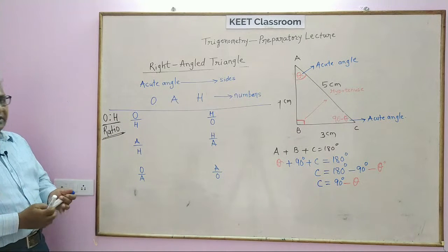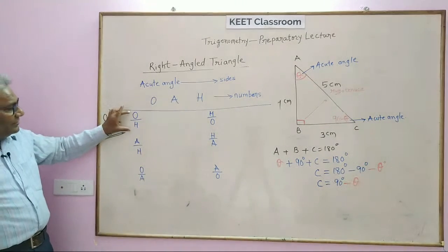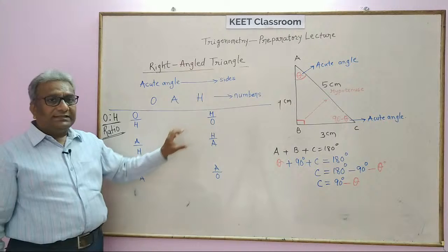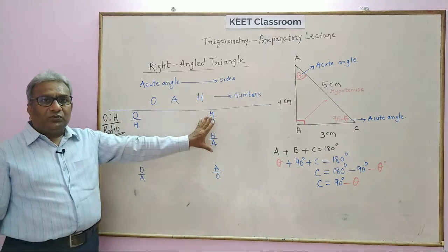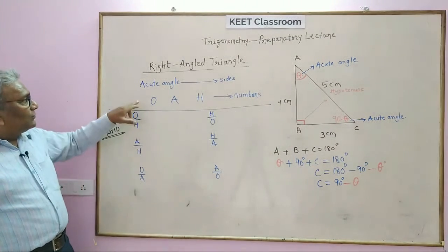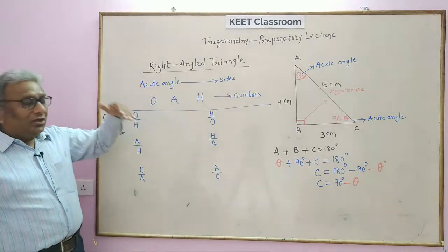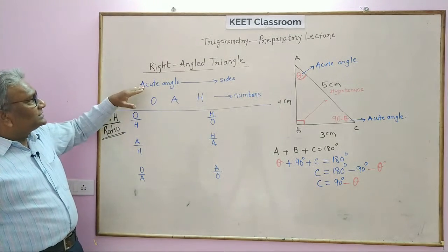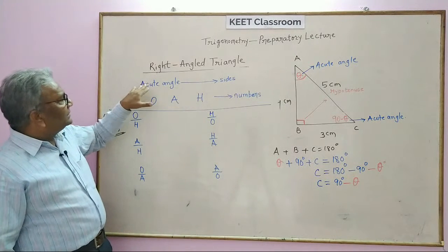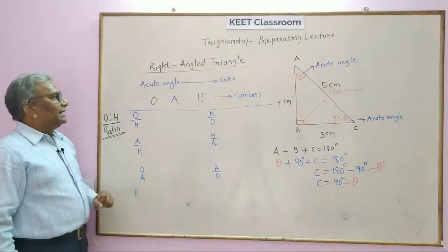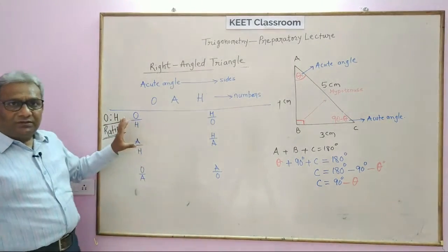Now instead of saying fractions, we will say we have 1, 2, 3, 4, 5, 6 ratios. So we have 6 ratios which are prepared from the numbers, that is the sides of the right angle triangle, when we are relating the sides to the acute angle of the triangle. So now we are having 6 ratios.